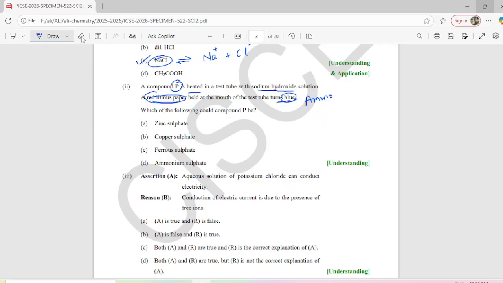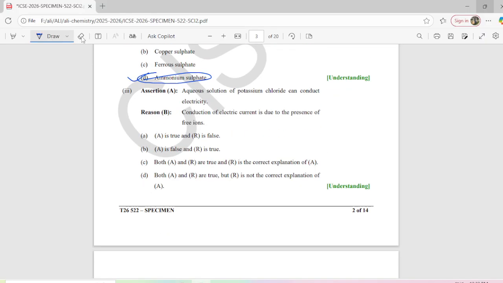So the gas produced in this reaction is ammonia. Then which of the following could be compound P? To prepare ammonia gas, usually we use ammonium salts. So the answer is option D, ammonium sulfate.